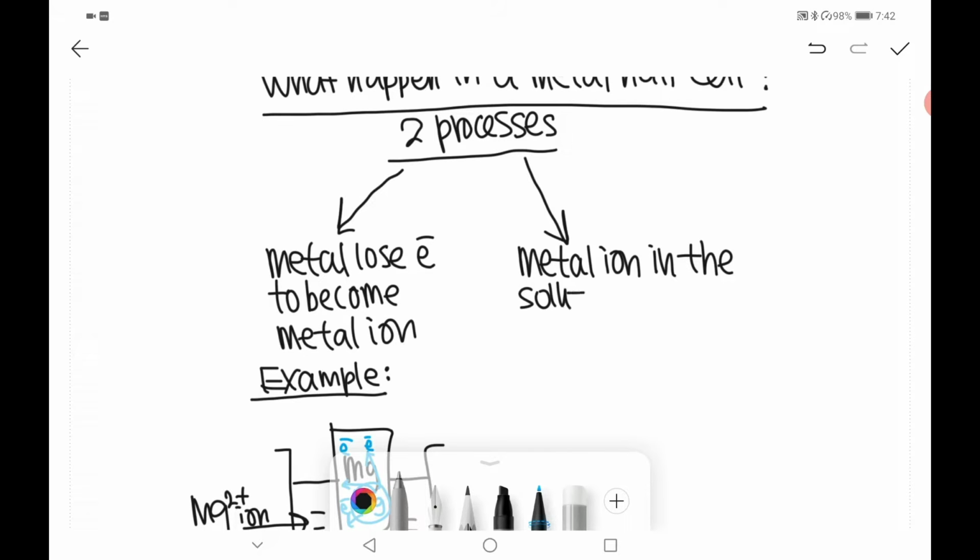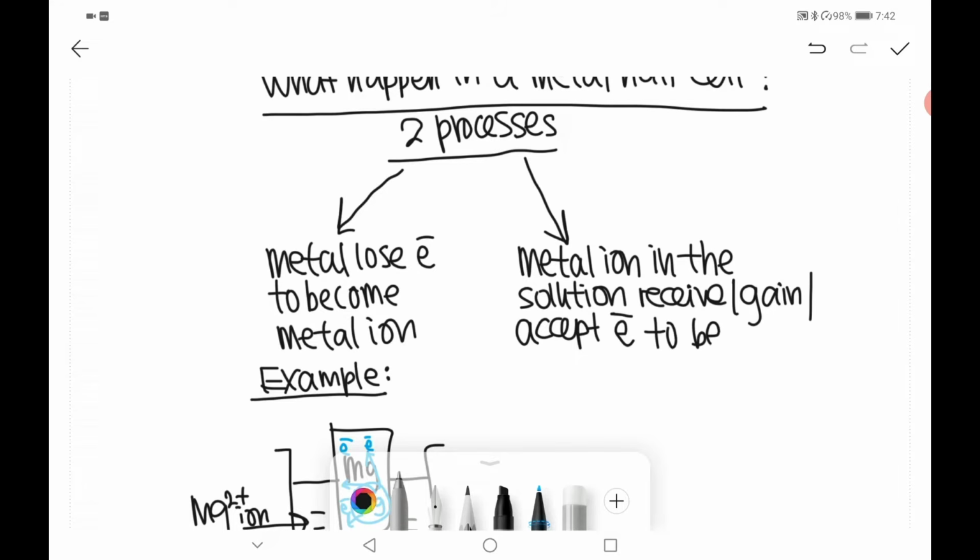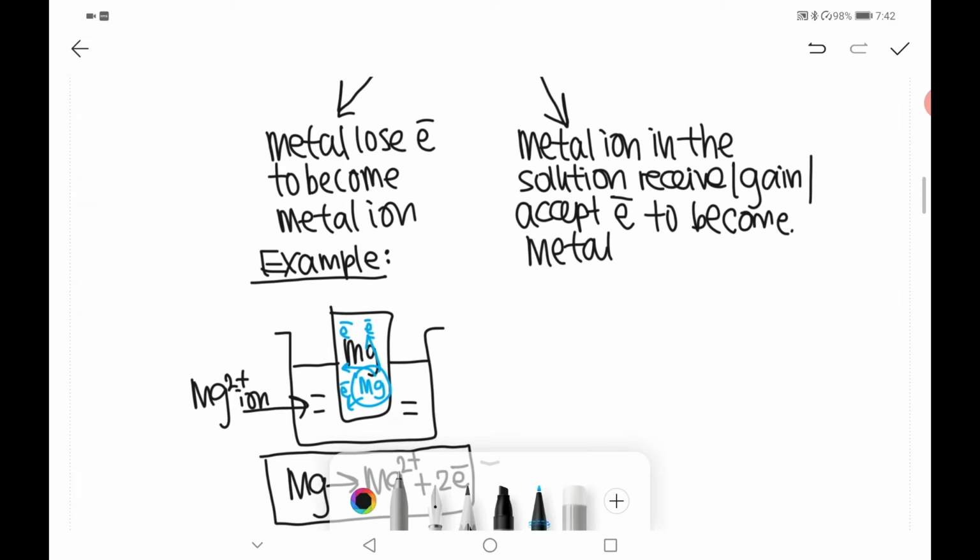So the metal ion in the solution will receive, or you can use the word gain, or accept. All these words are okay. They will receive electron. When the metal ion receives electron, they will form metal again. Example.